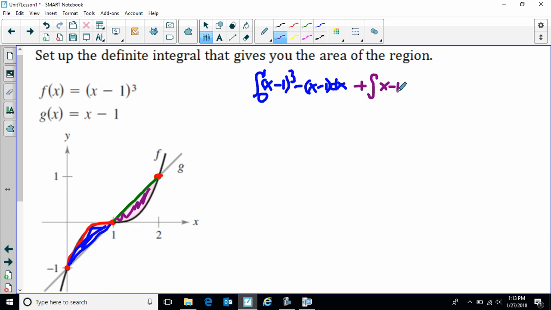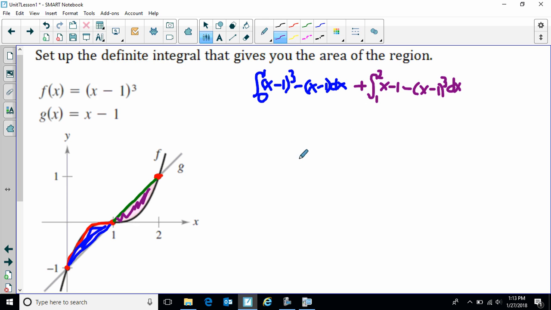So I have x minus 1, then I subtract my cubic function, because my cubic function is on the bottom. From here, I would go from 1 to 2, because those are the x values where these two functions intersect, and between them, the linear function is on top.